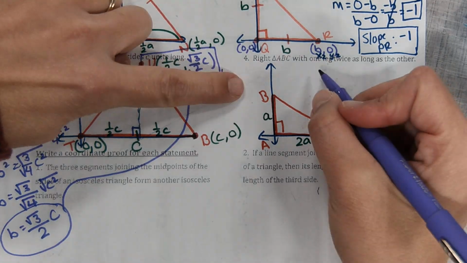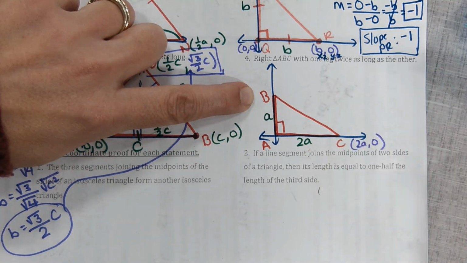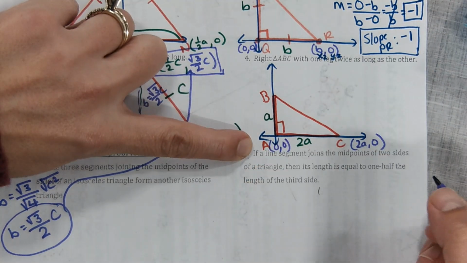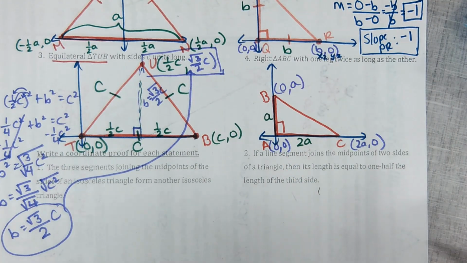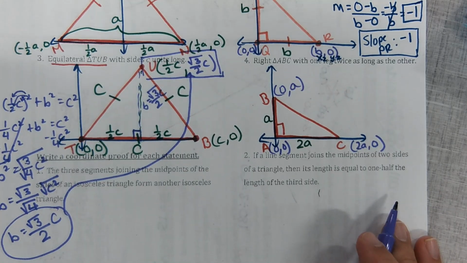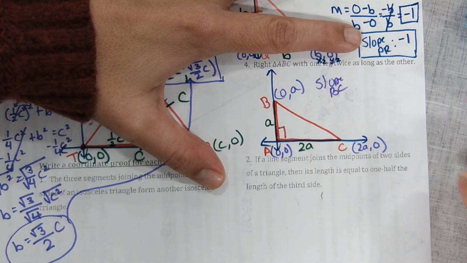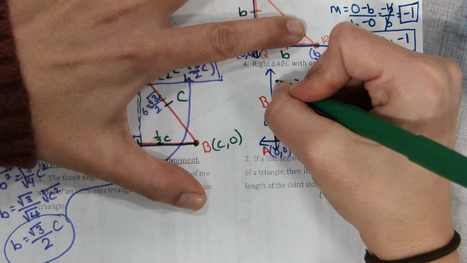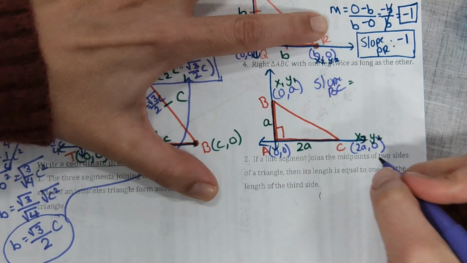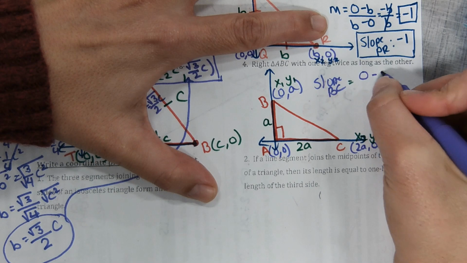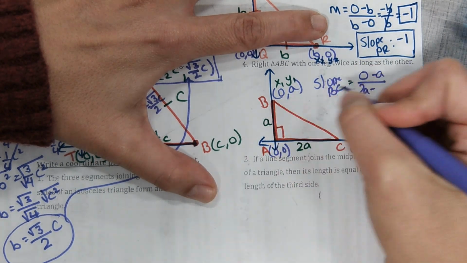Okay, then to find the coordinates of everything, let's see, C would be at 2A, 0. A would be at 0, 0. And then B would just be at 0, A. And again, if it asks for the slope of BC, just x1, y1, x2, y2, you would do y2 minus y1 over x2 minus x1.